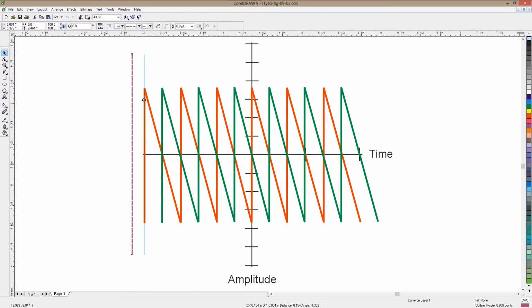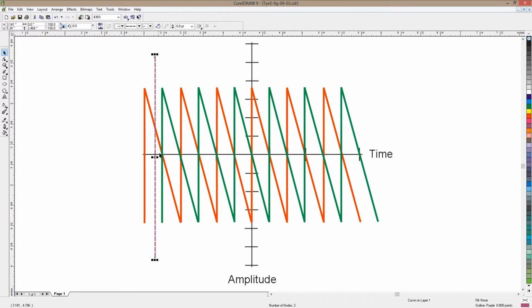Now here, interestingly, the instantaneous transition is meaningless for the purpose of determining amplitude. Actually, right now, at this point right here, the amplitude is at the positive peak.